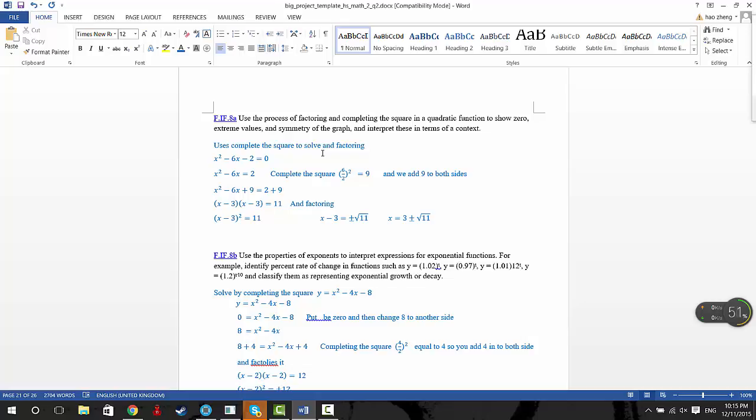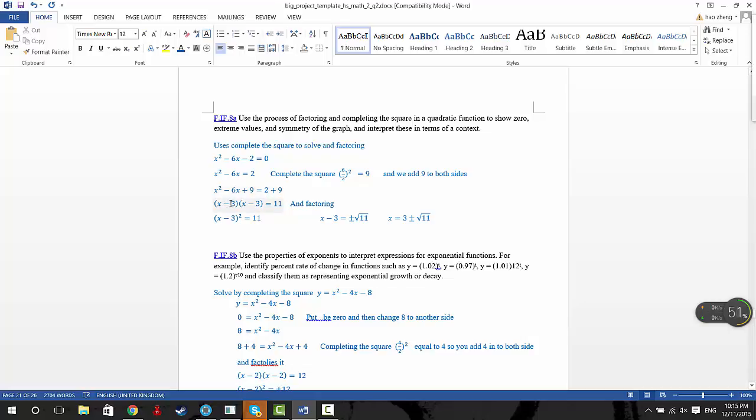So in here we get the equation, and we set it to 0, right? We move to the other side and complete the square here. Take the 6, 6 over 2, to the power of 2, which is 9, and we add 9 to both sides and factorize it.